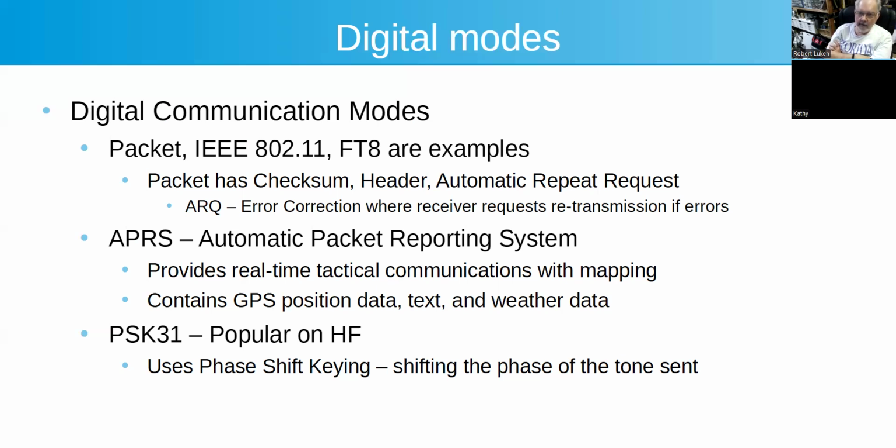There's another form called APRS, which stands for the Automatic Packet Reporting System, where systems can transmit using that protocol, and they can send GPS position and data, maybe some other text along with it, so you can track where these transmitters are.